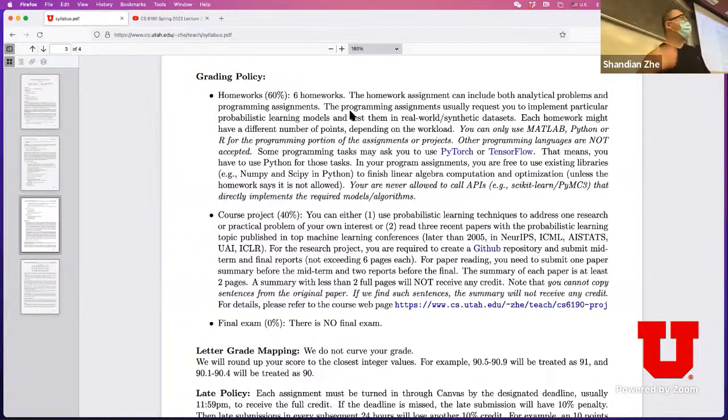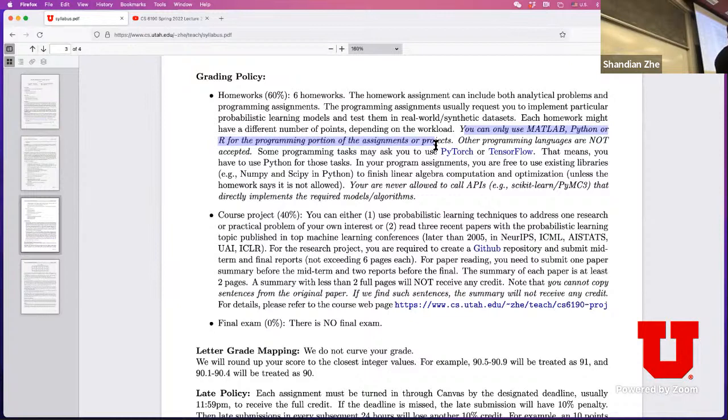Analytical problems are just to deepen your understanding and practice the mathematical derivations we have gone through in the class. And the programming assignments are just to practice your implementation, because we're doing some machine learning stuff, right? You need to implement some models or test some statistics to master those models. And we mentioned that we only accept 3 languages: MATLAB, R, and Python.